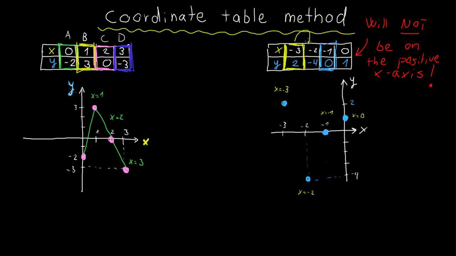We connect this one to here, this one to here, this one to here. How does that look? I will try to draw a straight line. Let's try to keep it straight. 1, 2, 3. And this is our line based on the coordinate table method.